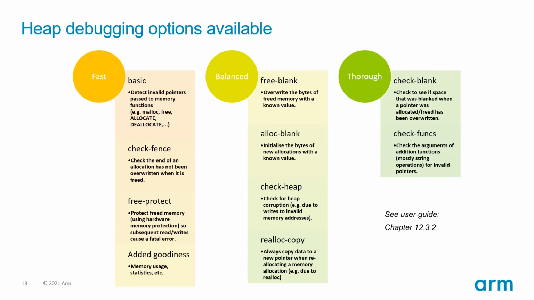One of the checks is that after a malloc, it will put a known value for the initialization. And if that value ever changes when you were not expecting it to change, then DDT will prompt you and show you, hey, something happened behind the scenes, and you can try and figure out why that changed.